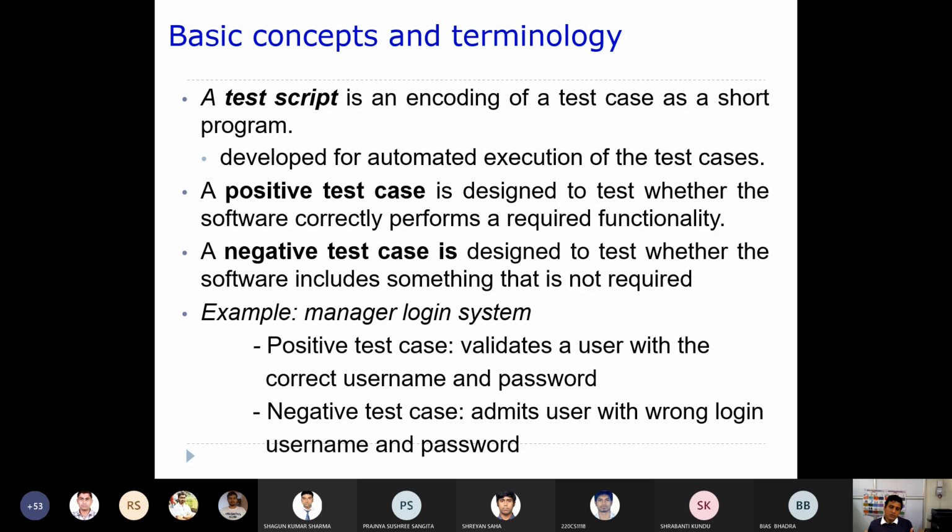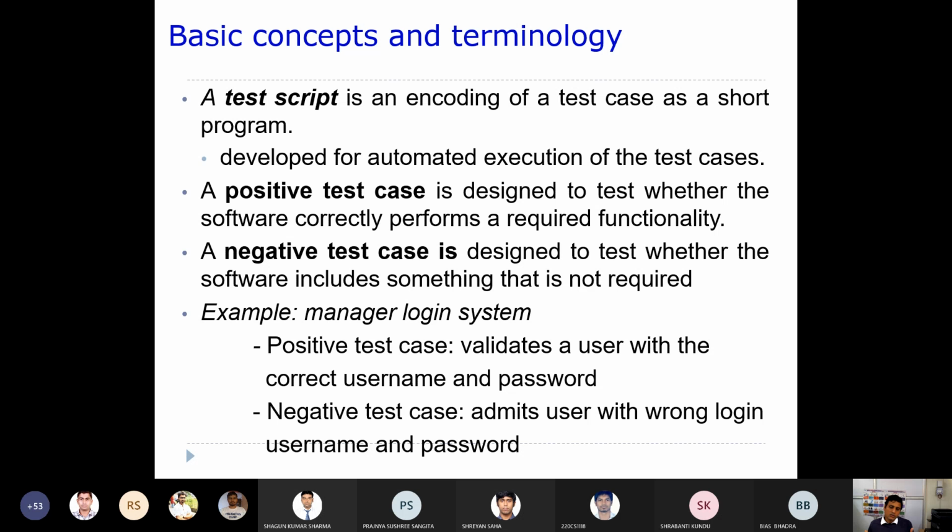You want to see that whenever a manager comes with a correct username and password, the system should validate it. This is a functionality that should be there in the system.